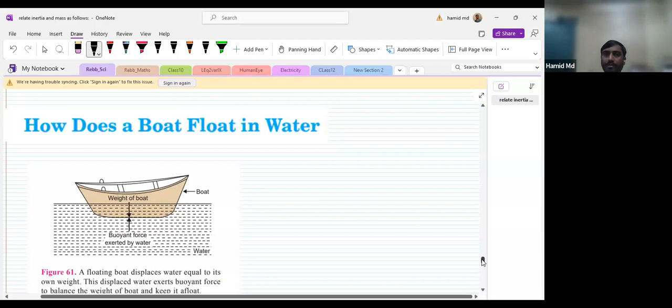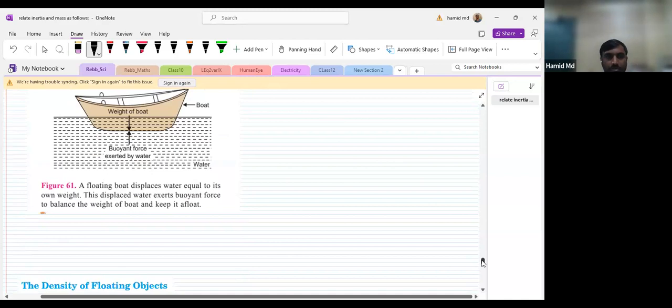As the load increases, it will start to sink down. So these are the questions being asked in your books, or wherever it may be, for the examination as well as for general knowledge.